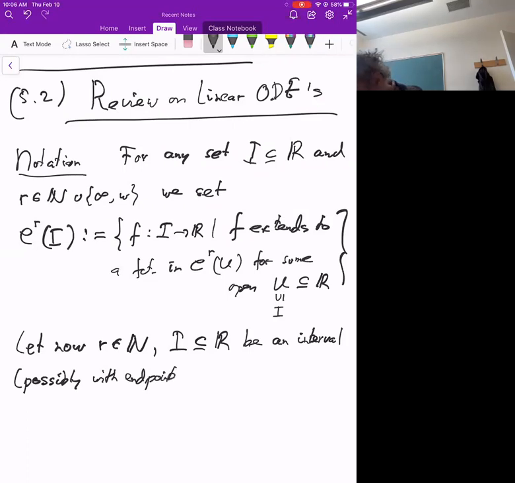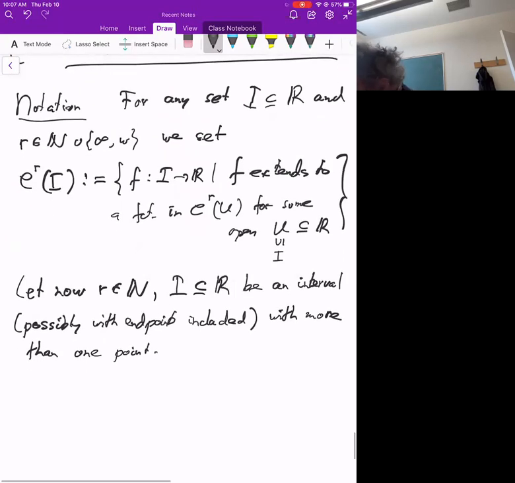So it's not necessarily an open interval, but it has to have more than one point. In other words, an infinite connected subset of R. So it's not a degenerate interval like a point or the empty set.